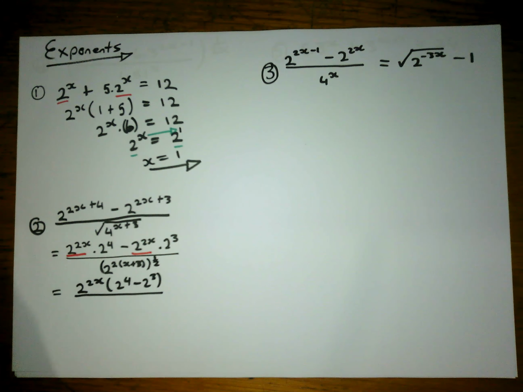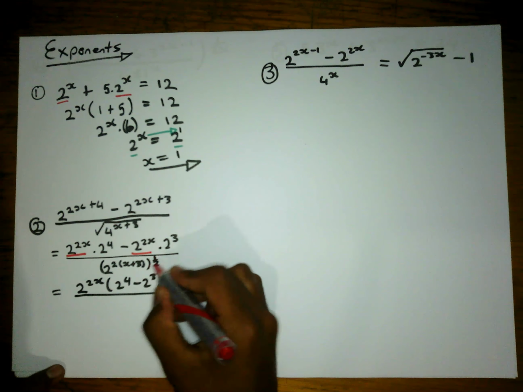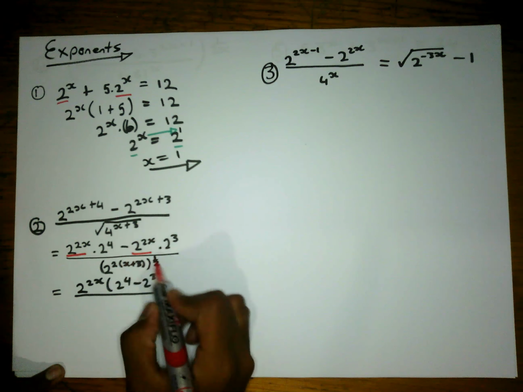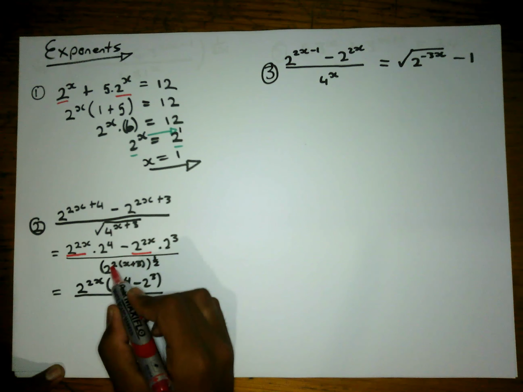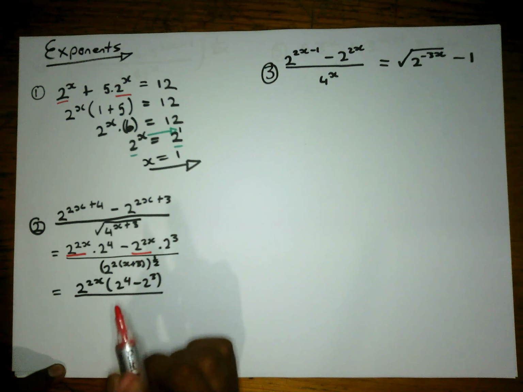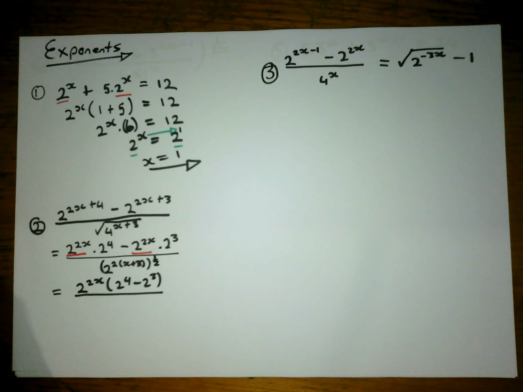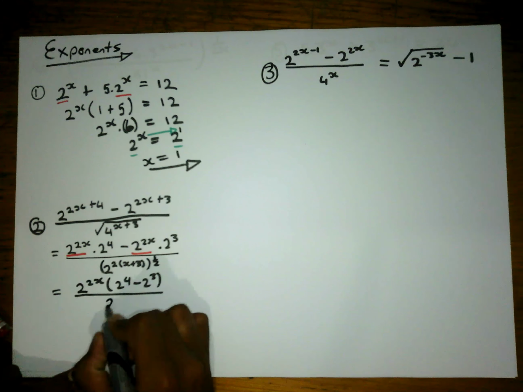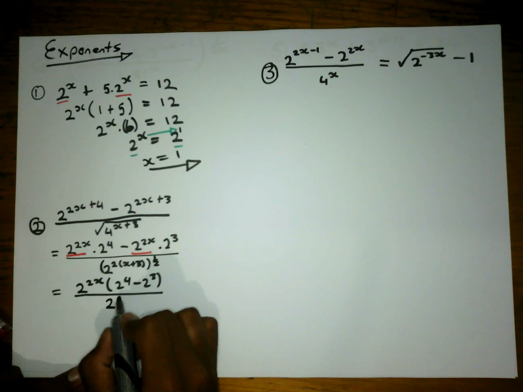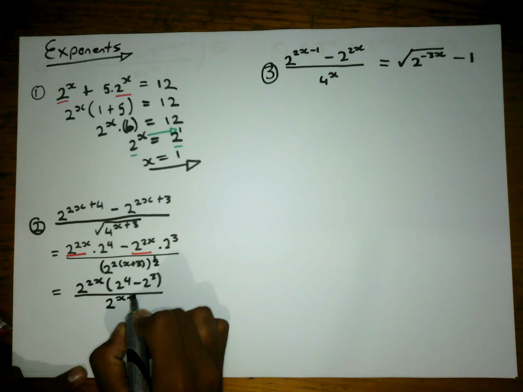So now what I wanted to see is this half we must times in. And when we times this half with that 2, we get 1. That means we're going to be left with 2x plus 3.